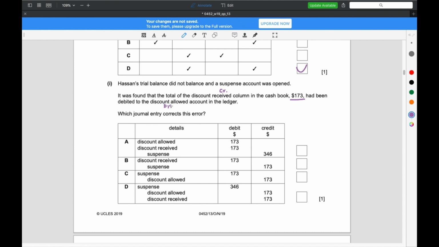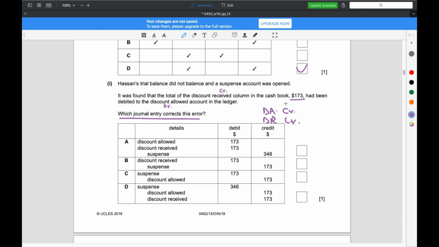So he's asking which journal entry corrects this error. It means that it had been debited. All right, so if the discount allowed account has been debited, and it's a debit account in its nature, we have to credit the discount allowed account. And the discount received account should have been credited, and it's credit in nature, so we have to credit the discount received account as well.